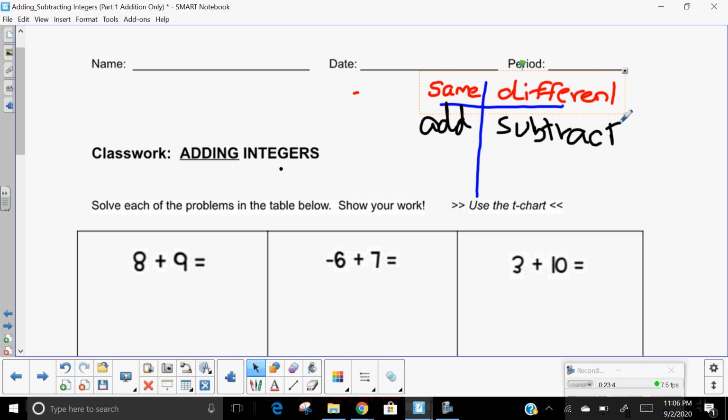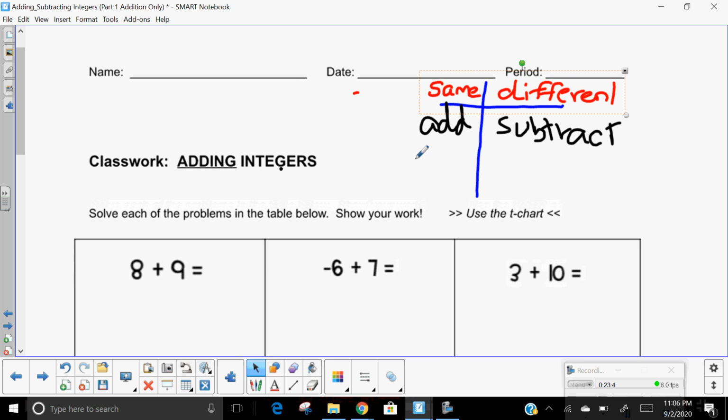And then same sign, keep the sign. Sorry, my writing is terrible with this mouse. And then different signs, keep the larger.